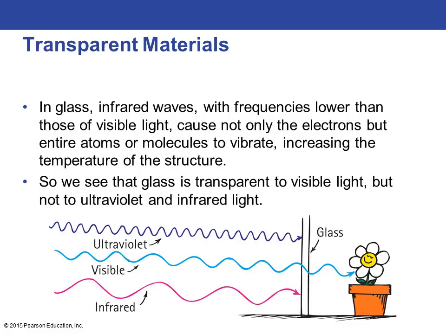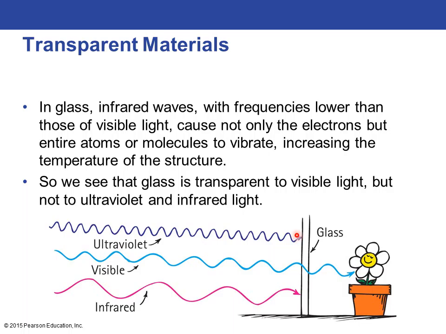So as you can see here in this picture, the visible light spectrum is moving along, and as it hits the glass, that light passes through the glass. So glass is transparent to visible light. But ultraviolet light or infrared light, which have higher and lower frequencies than the visible light, do not pass through the glass when they hit it.